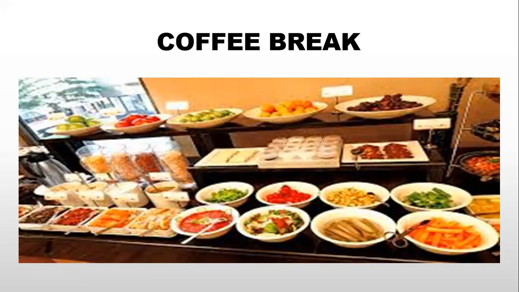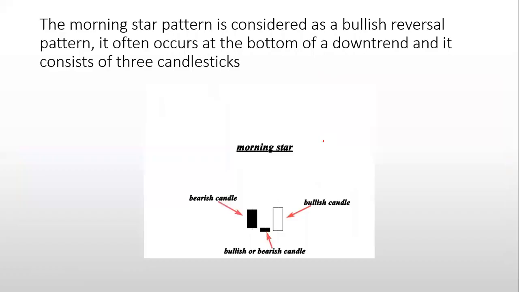Okay. Now let's continue. We have the morning star. The morning star comprises of three candles, and the morning star is also considered as a bullish reversal pattern. It usually occurs at the bottom of the downtrend. So we could talk about the last short candle which will take place.